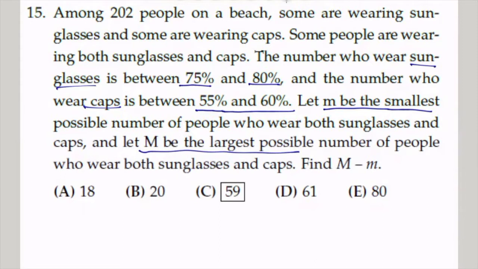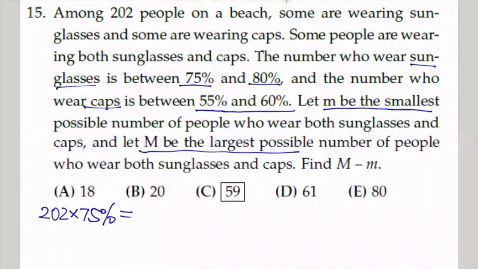It shouldn't be a decimal or fraction, so we should only consider integers. Because of that, we need to first convert the percentages to integers. If we don't do that, and in the middle we use a decimal number of people, then that's not correct, okay?